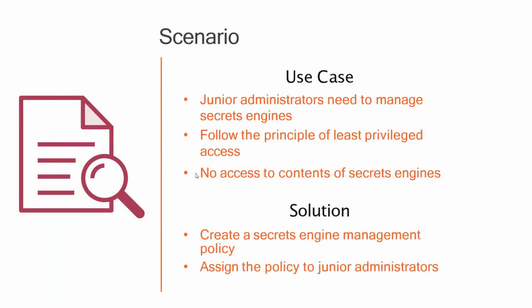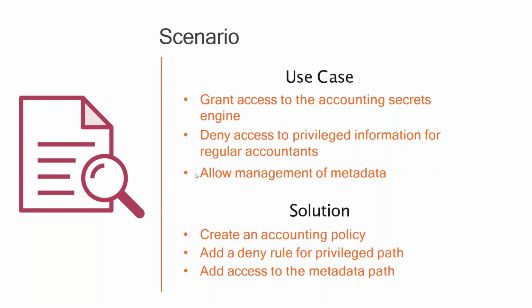So, some of the scenarios. Let's say a junior administrator needs to manage the secret engine and follow the principle of least privileged access, with no access to the content of the secret engine. Solution: create a secret engine management policy. Create one policy for the secret engine and assign the policy to the junior administrator. Simple.